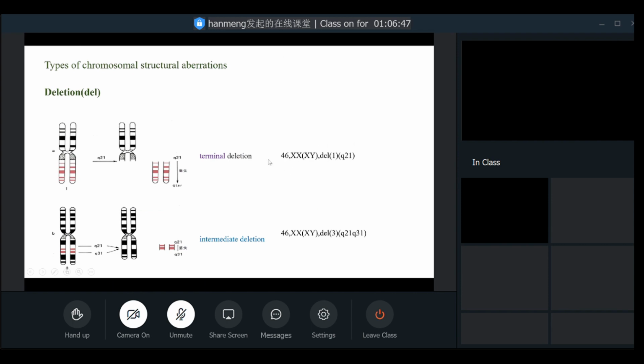So here, in our PPT, you should know it is 46, XX or XY. Then DEL 1, the first bracket is 1, and the other is Q21.